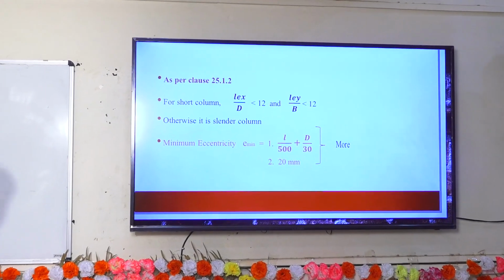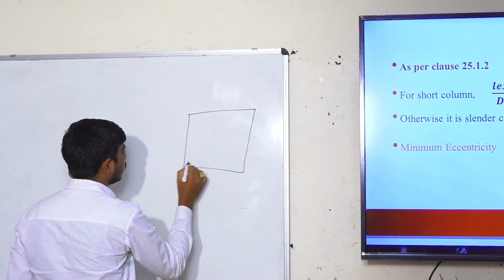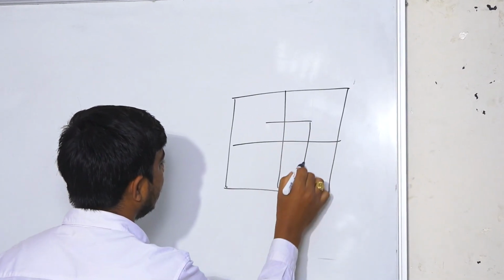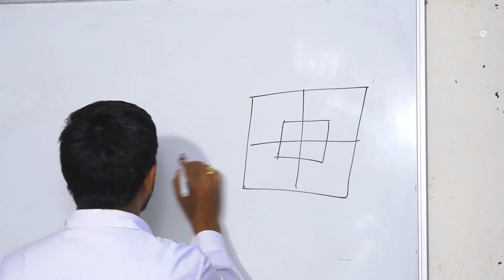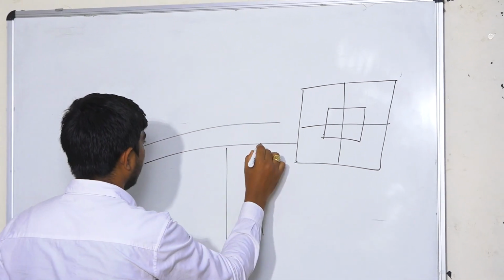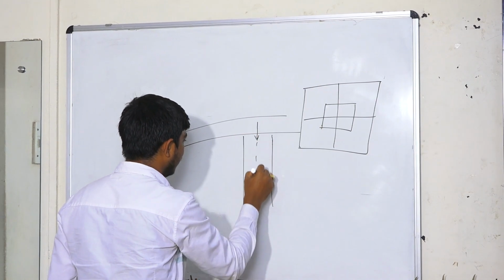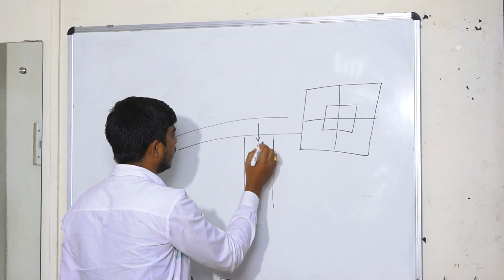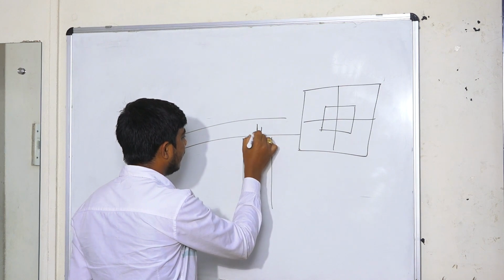Then minimum eccentricity. When we design a column, all columns should be designed for a minimum eccentricity. That is, in a column, beam is placed like this. So load may not be coming exactly at the axis line of the column. Sometimes due to manufacturing process or anything else, the load axis slightly deviates.